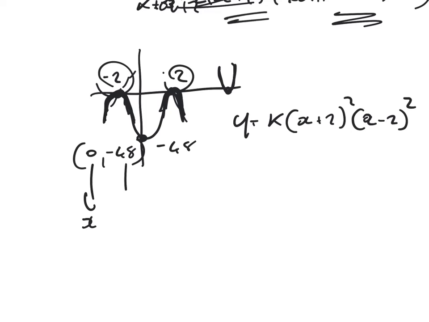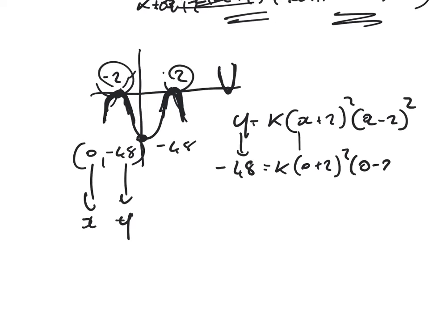When the x coordinate is 0, the y coordinate is minus 48. So let's sub that in. When y is minus 48, x is equal to 0. Okay, so 0 plus 2 is 2, 2 squared is 4, multiplied by 0 minus 2 is minus 2, minus 2 squared is 4.